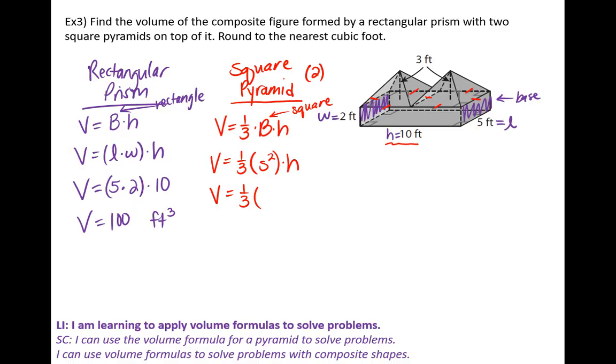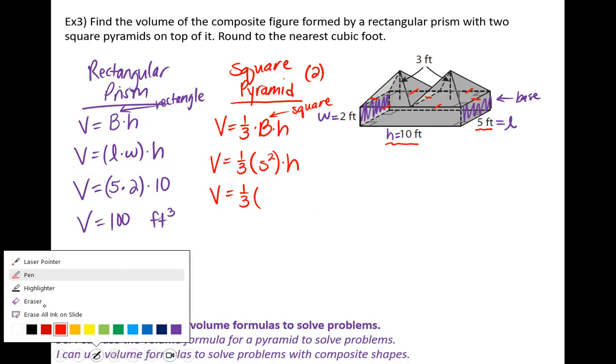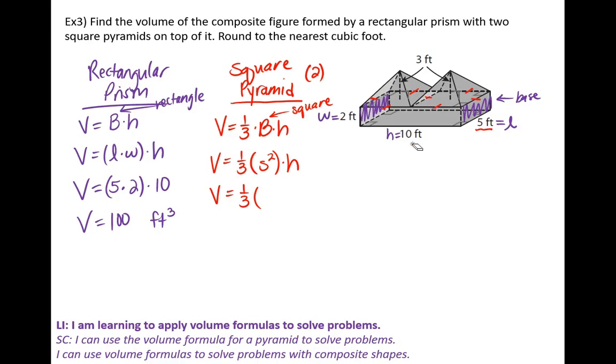And we see that as well on the side here with the 5. That's the length of that side. 2 of them make 10. So our side length for the base of my pyramids is 5. And I'm going to square it. The height of my pyramids given here at the top is equal to 3. So times 3. All right, and when we multiply that out, grabbing that calculator, we get 25 feet cubed.